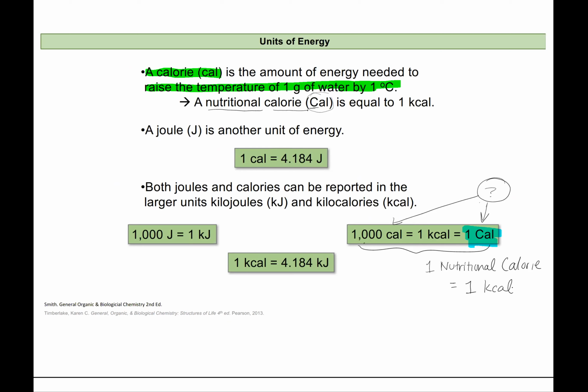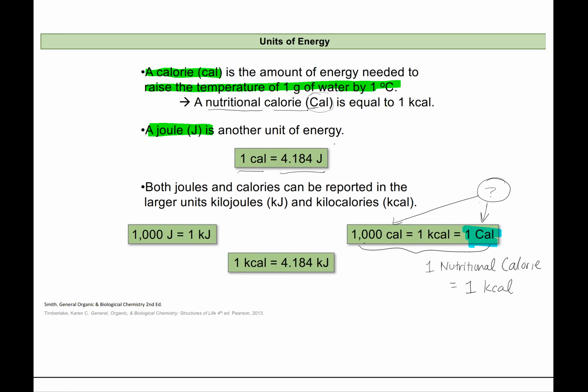Now, the unit of energy that we use more frequently in chemistry is the joule. A joule is a Newton meter squared, but we can relate them through a conversion factor to calories. So 1 calorie is equal to 4.184 joules.